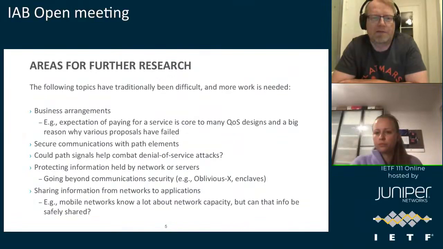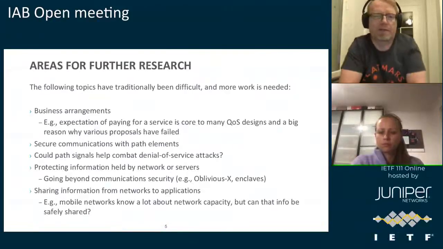Let's take QoS design, for instance. There's a technology side of that, but there's also a business side. If you start to assume things like, well, we need to be able to pay for a service, and we get paid for doing something, then the technology itself is not enough. We actually have to have a business model to back that up, and that's really important. So if whatever you're trying to do requires that, then you do need to think about it.